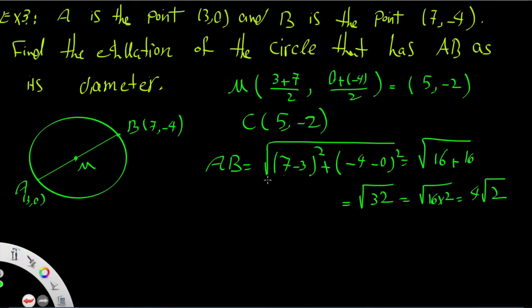You had another alternative. You have the center. You could have found the distance of M to B or M to A as a radius directly.